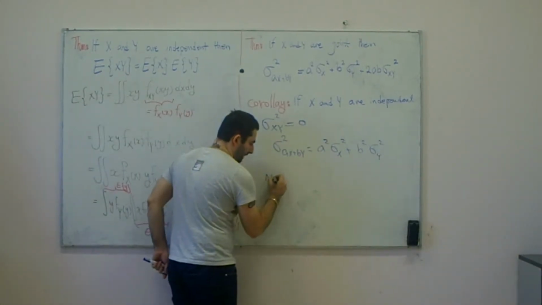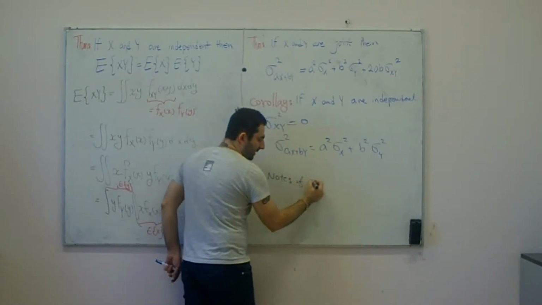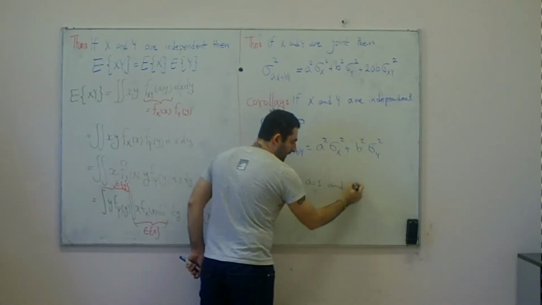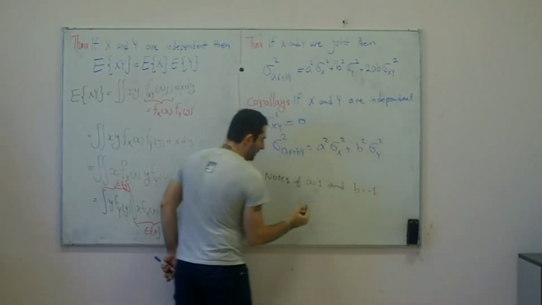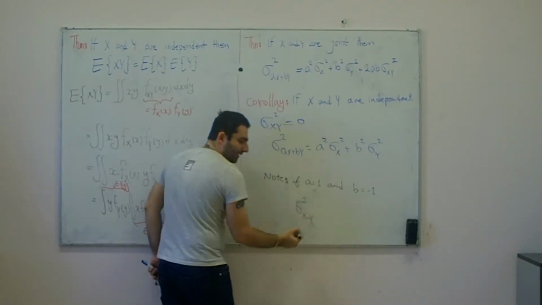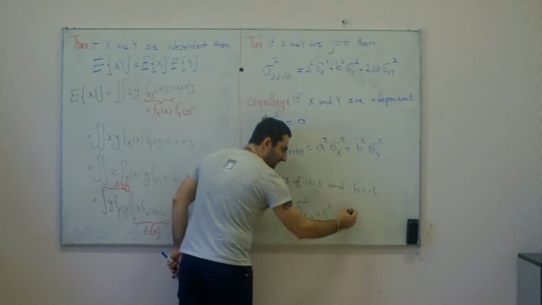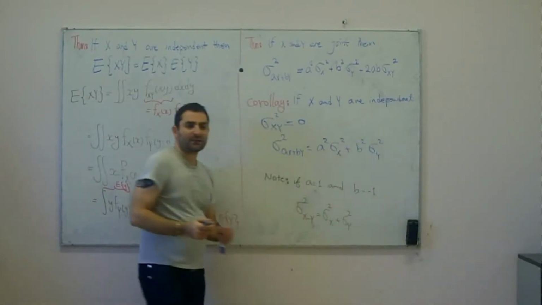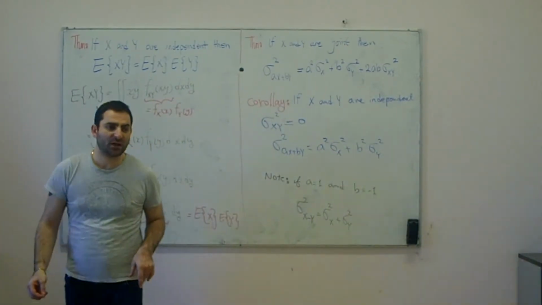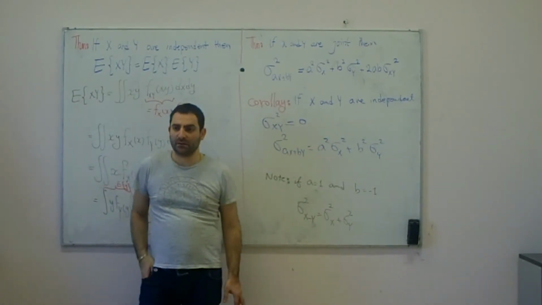Note, if a is 1 and b is minus 1, we get this: sigma square of x minus y is sigma square of x plus sigma square of y. In other words, if we subtract two independent random variables from each other, their variances will still be added to each other.